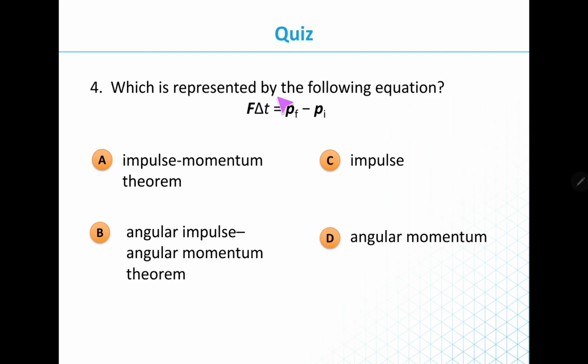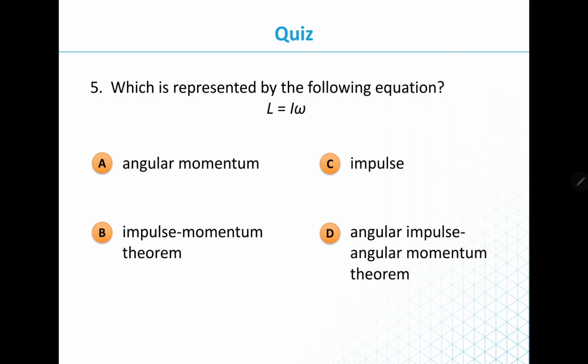Which is represented by the following equation, F delta T equal to P final minus P initial? This is the law of what? And the final question: which one is represented by the following equation, L equal to I omega?